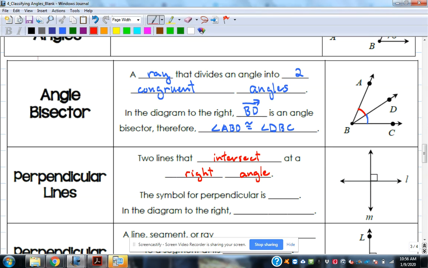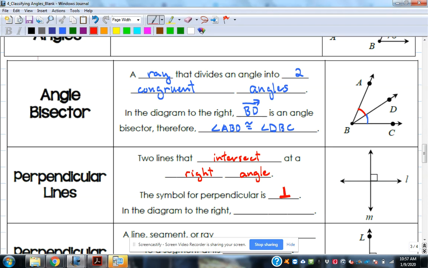The symbol for perpendicular is an upside down capital T is what it looks like. That's perpendicular. So when you see that, you read it as perpendicular, meaning that all those angles are 90 degrees. In the diagram on the right, how are those lines named?